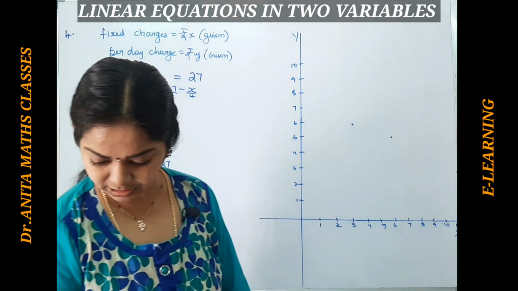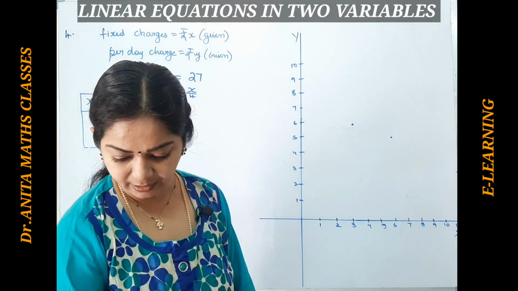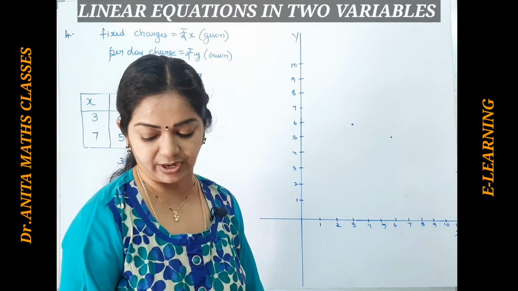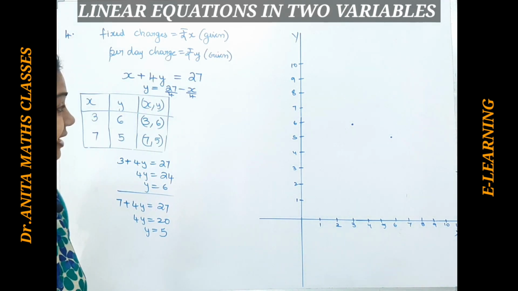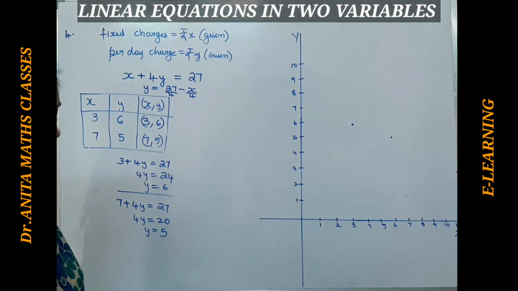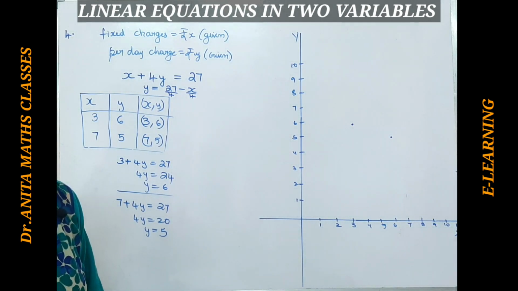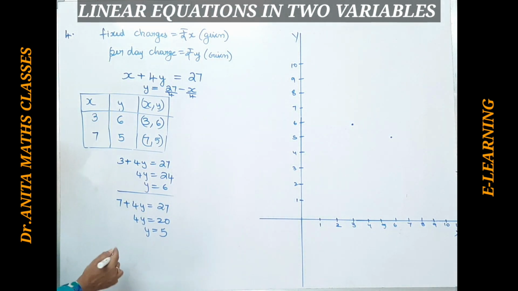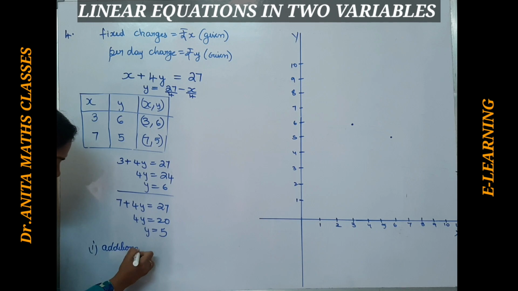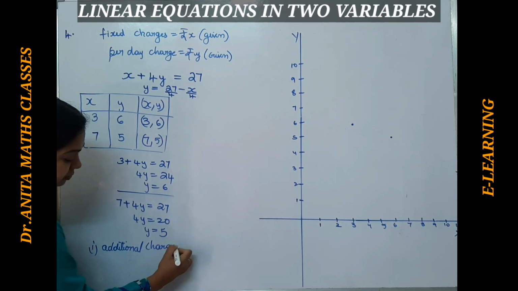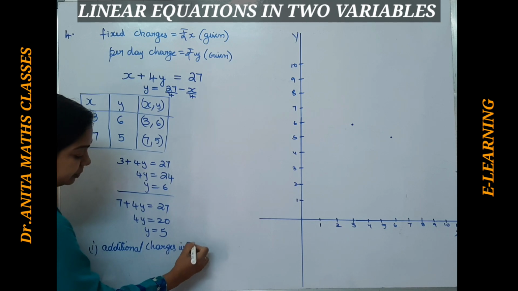We will see here. For the first 3, the additional charges for each day thereafter is 4 rupees. So let us take the first question, the additional charges, which is rupees 4.